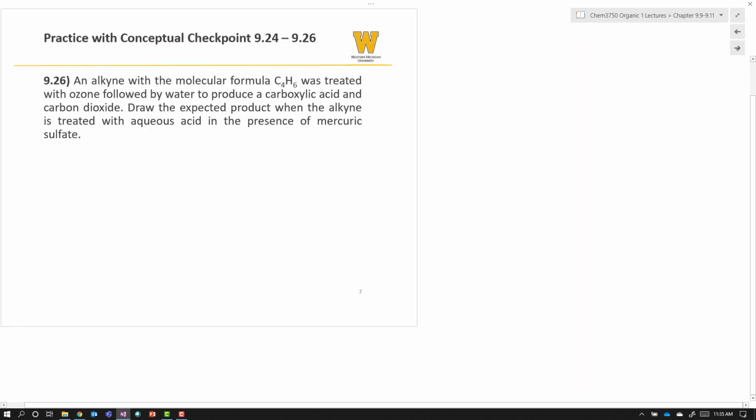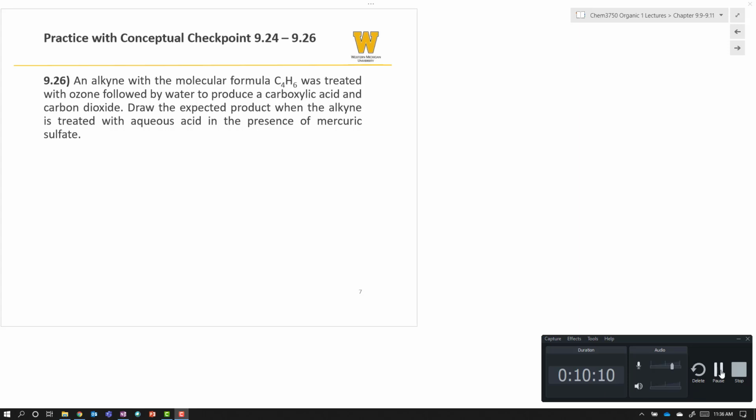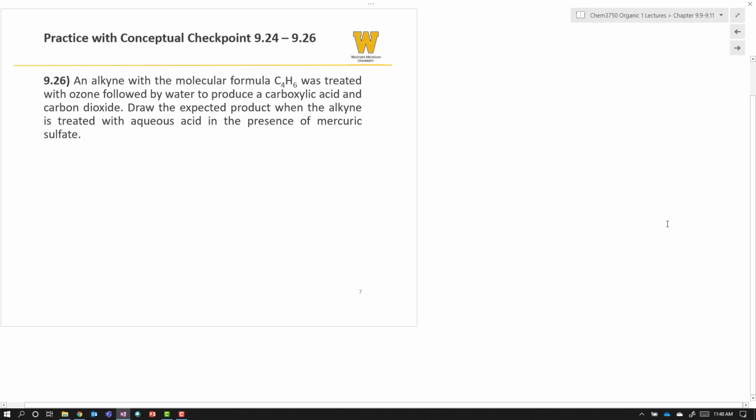How about this next problem? Take a moment to read it. Okay, now that everyone's had a moment to read this, it's an alkyne with a molecular formula C4H6, and it's treated with ozone and water to produce a carboxylic acid and a carbon dioxide.